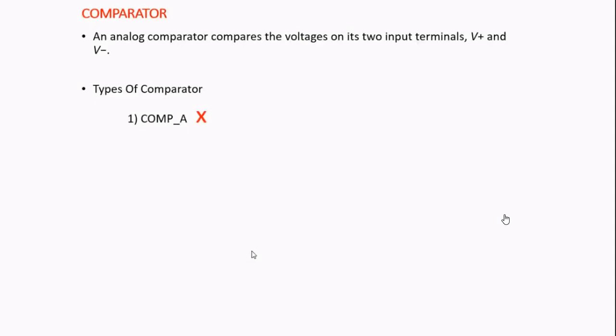If V plus is less than V minus, it gives 0. There are two types of comparators, comparator A and comparator B. Comparator A is available on the MSP430 G series general board, and in the MSP430 X5X series, comparator B is present.